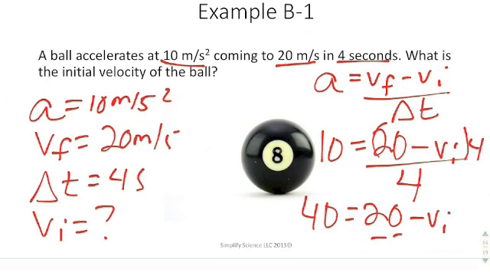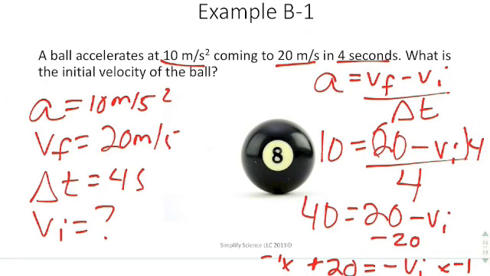What I'm going to do is subtract 20 from both sides, and when I do that, I get 20 equals negative VI. Now you generally don't want to have that negative VI there, so we multiply both sides by negative 1, and that's when we end up with negative 20 equals VI.